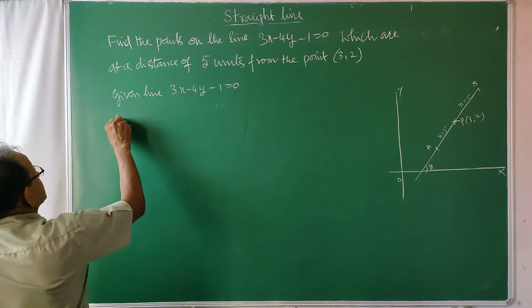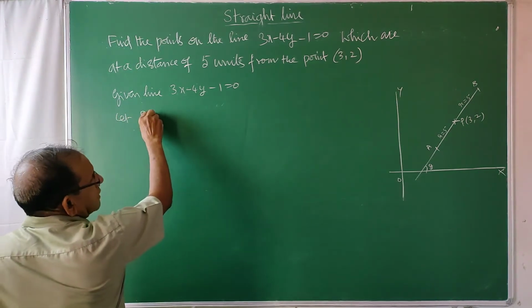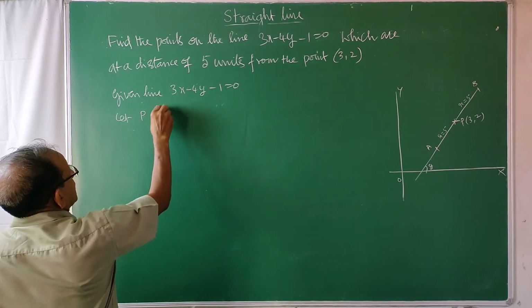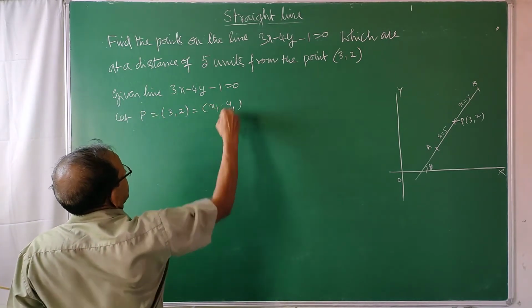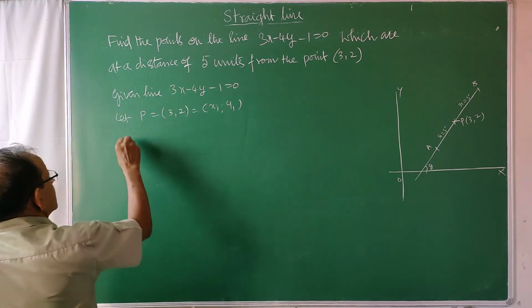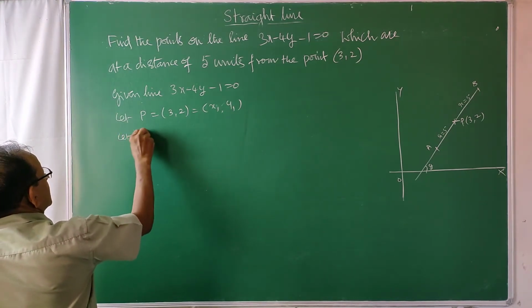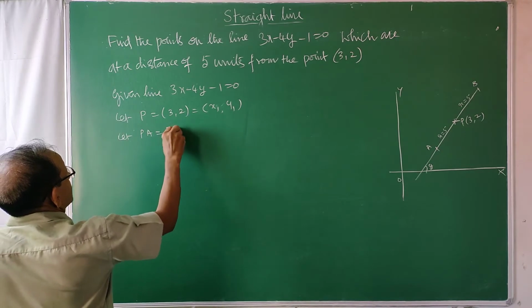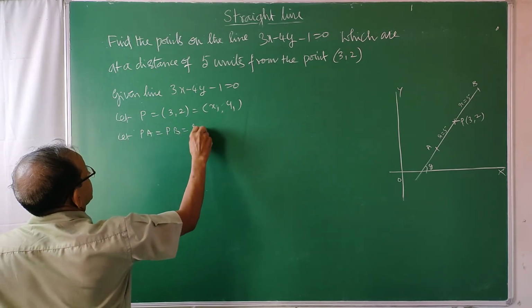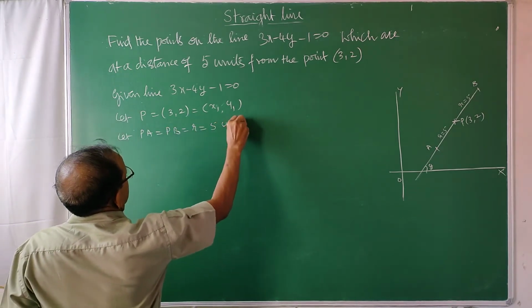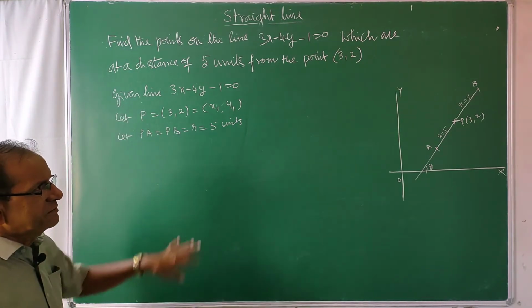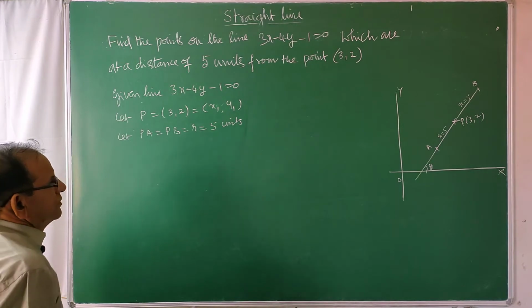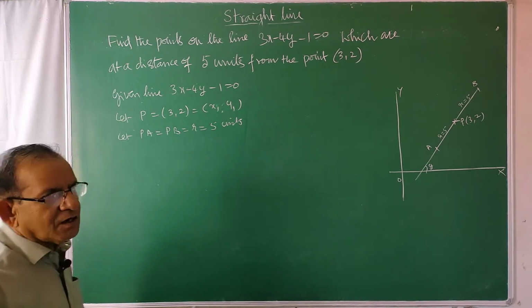Let P be (3, 2), take this point as (x1, y1). Let PA equal to PB equal to r, that is 5 units. Here A and B are 2 points on that line such that PA is equal to PB is equal to 5 units. Generally we take it as r.